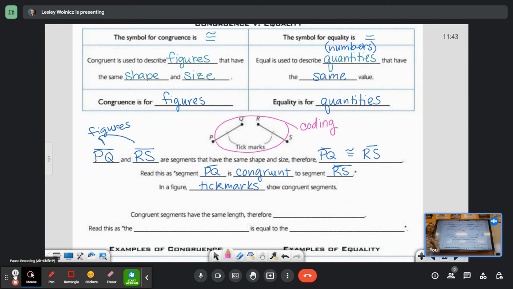We've already seen another type of coding, and that's for parallel lines. Remember when I showed that lines were parallel by giving them the same amount of little arrows? So when I ask you to code something, I'm asking you to make the ticks and the little arrows and stuff like that and label the picture with the information that you've been given. Cool?